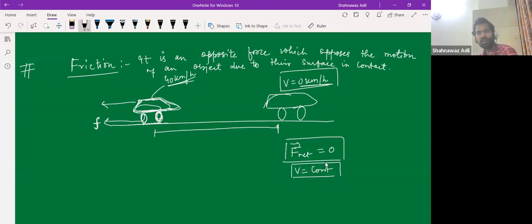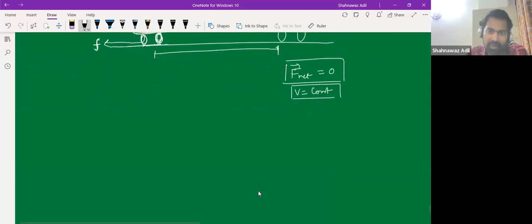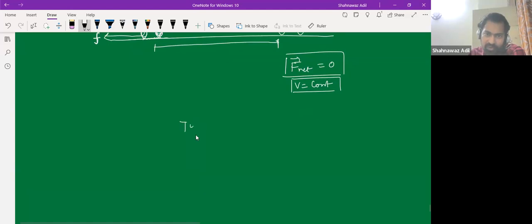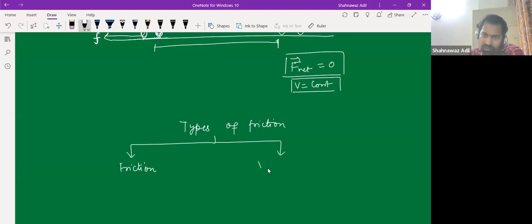So there are two kinds of friction. One which happens in solid objects, and the other one which happens in fluids or liquids. In solid objects it is called friction, and in fluids it is called viscosity.